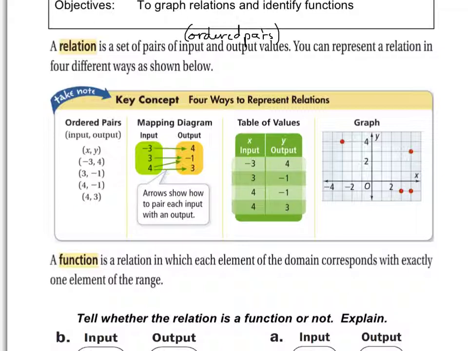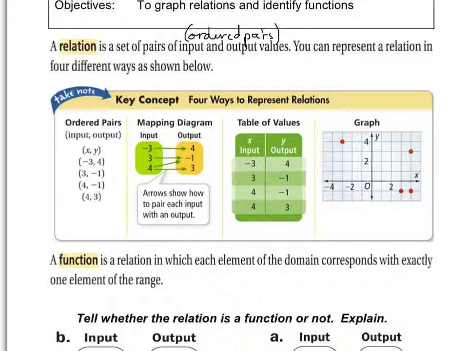So, from a relation, we're going to have to determine, is this relation a function? Well, what's a function? A function is a relation in which each element of the domain corresponds with exactly one element of the range.